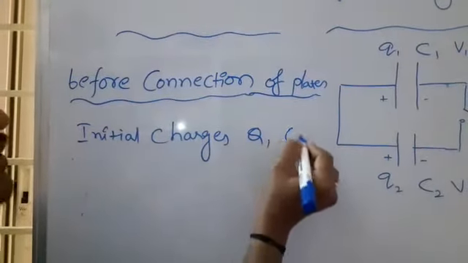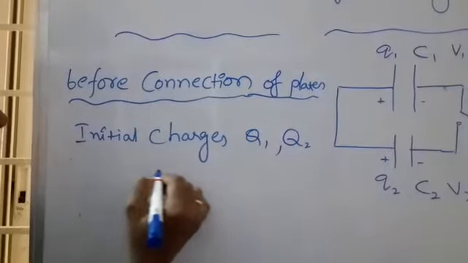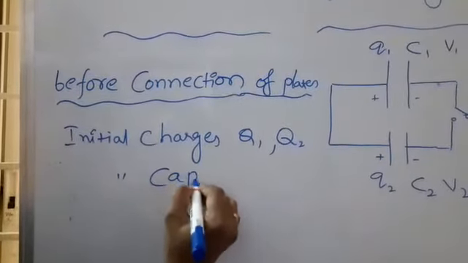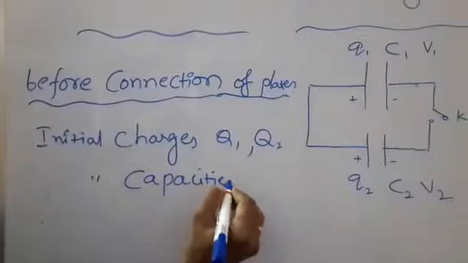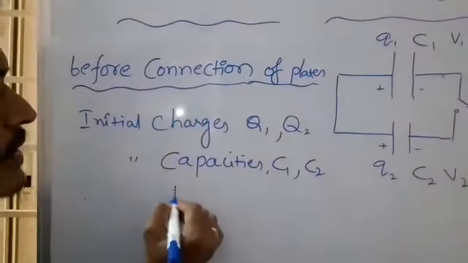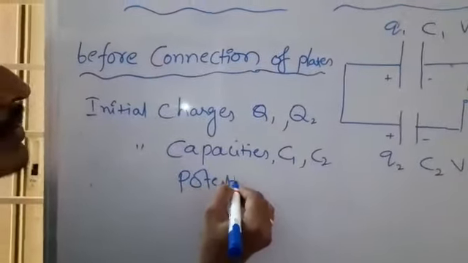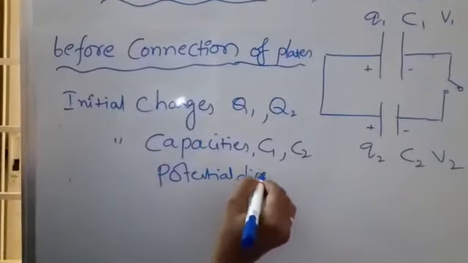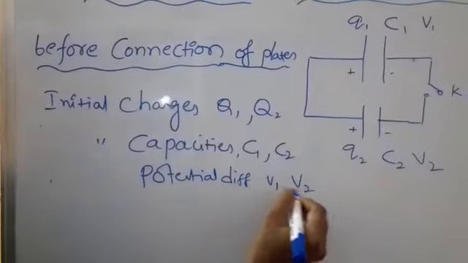Q1, Q2. Initial capacities C1, C2, and potential differences V1, V2, right?